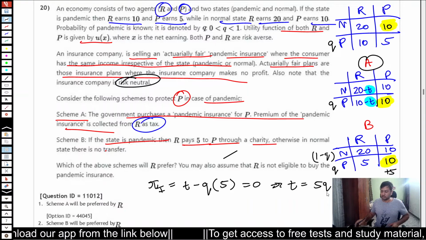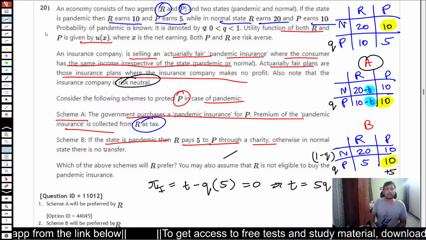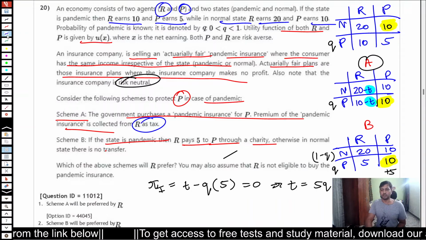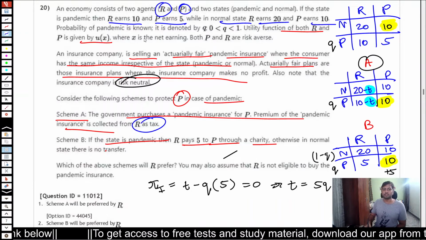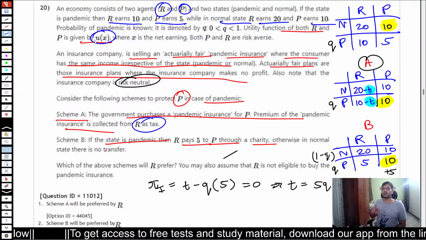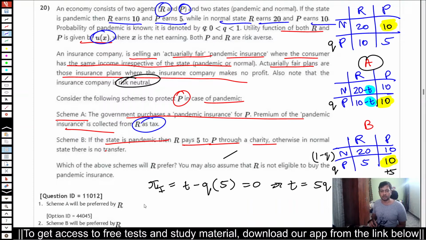Now many people would have made a mistake here: instead of using the utility function which is given here, they calculated the expected profit. So let me talk about the mistake people made.